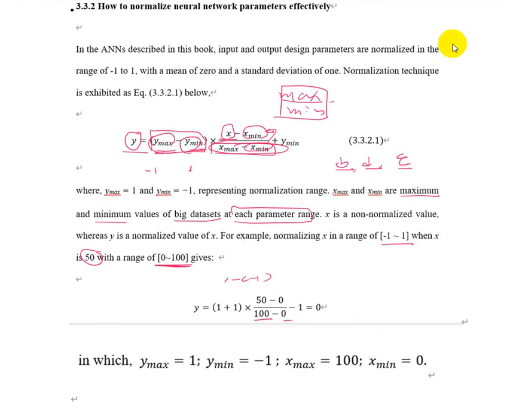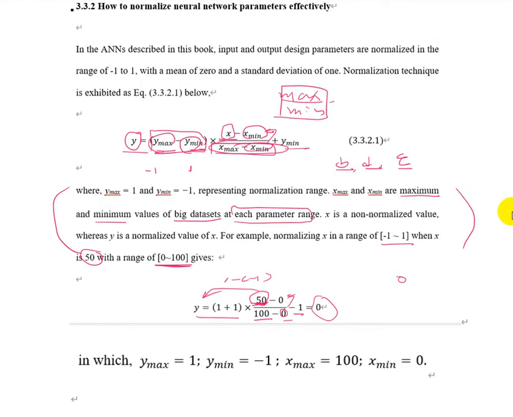You put the 50, the raw data before normalization, minus 0, and plus y minimum, which is -1, because you want to normalize between 1 and -1. All these calculations come up with 0. So your normalized value corresponding to 50 under these conditions is 0.